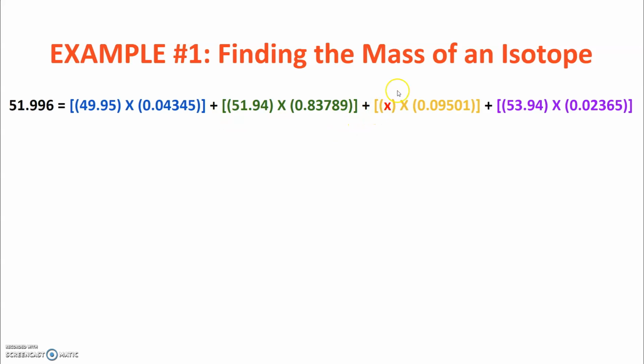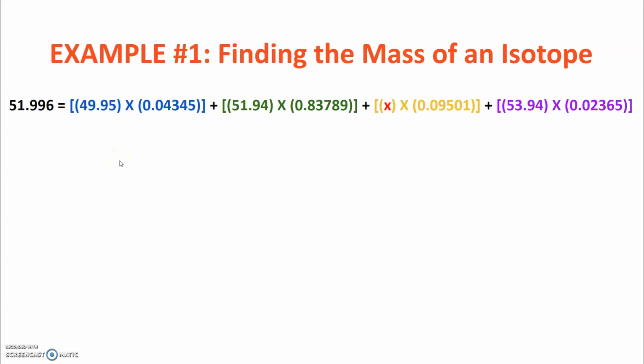And then the third isotope is the one where I'm missing the mass. So I just substituted in an X and I made it red, so we'd know that's what we were solving for. But it's still multiplied by its percent abundance. And then in purple we have that last isotope of chromium.